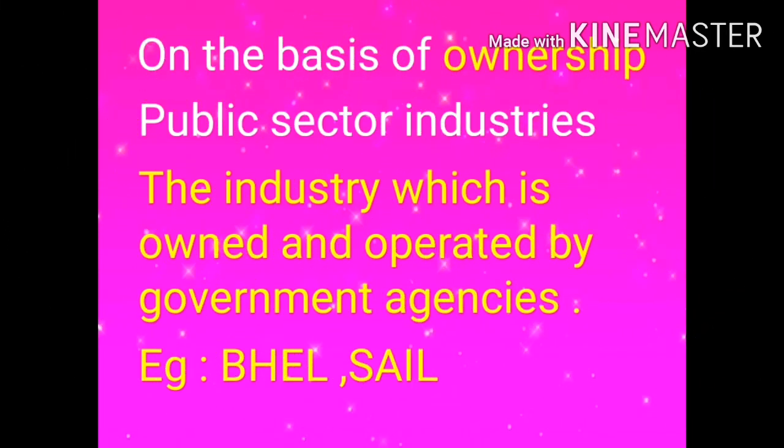Next, on the basis of ownership, industries are classified into 4 types: public sector industries, private sector industries, joint sector industries, and cooperative sector industries. The first, public sector industries, are owned and operated by government agencies, for example, Bharat Heavy Electricals Limited or BHEL, Steel Authority of India Limited or SAIL.